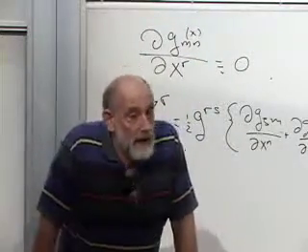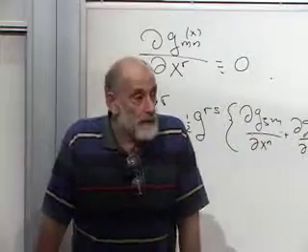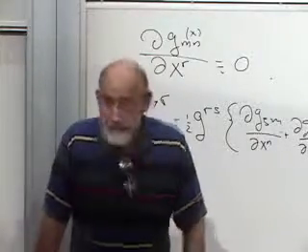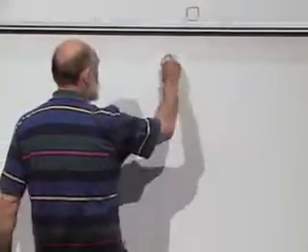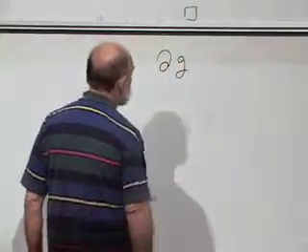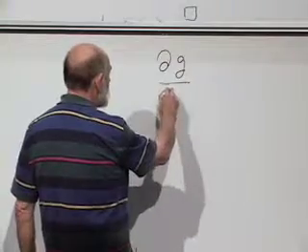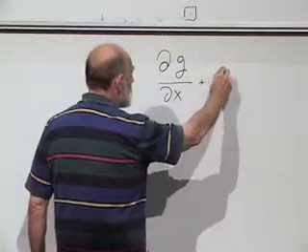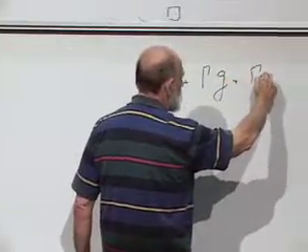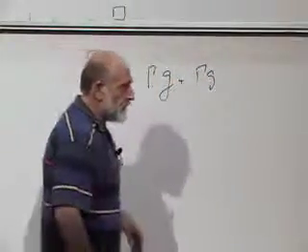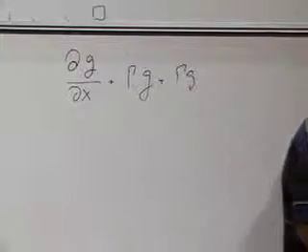From that, it follows that the covariant derivative of g is equal to 0, because the covariant derivative of g is just the derivative of g with respect to x plus Christoffel symbol times g plus another Christoffel symbol times g, one for each index of g. I won't bother writing the details.